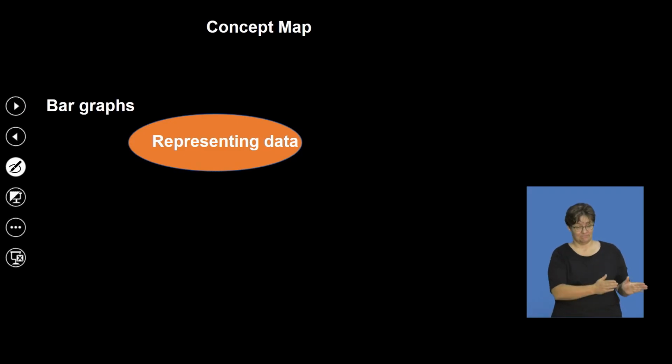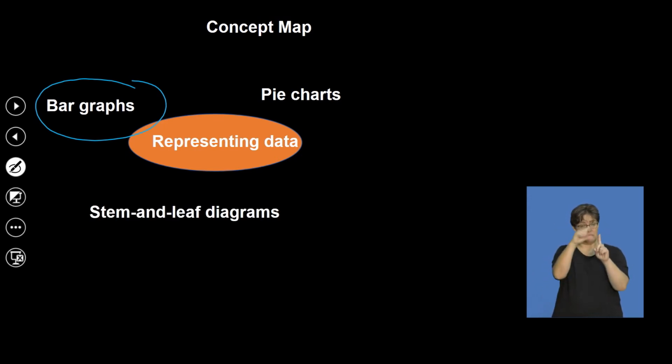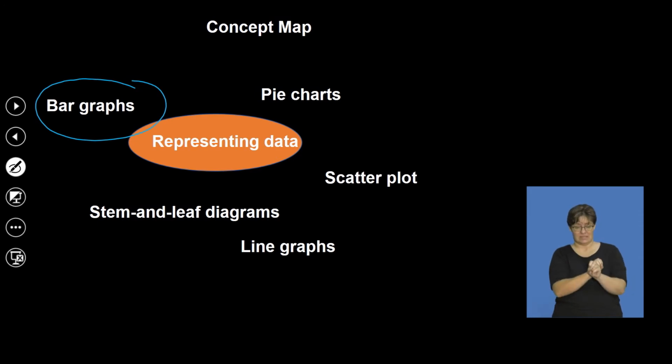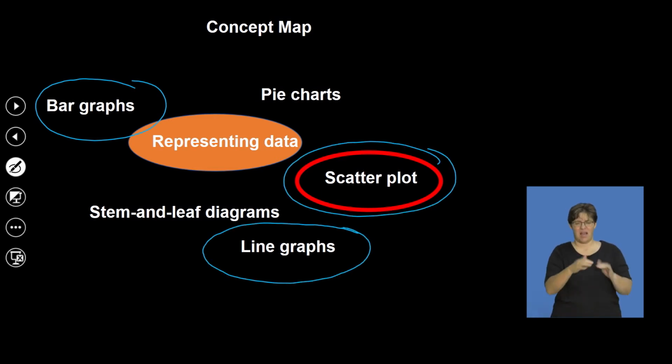So now we're going to look at the scatter plot. We looked at the bar, the pie, stem and leaf, the line graph, and now the scatter plot. It is similar to a line graph.